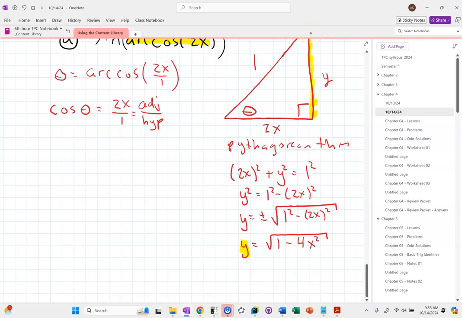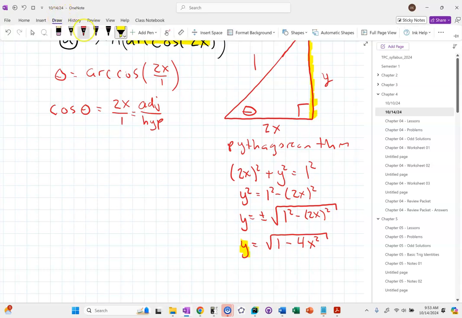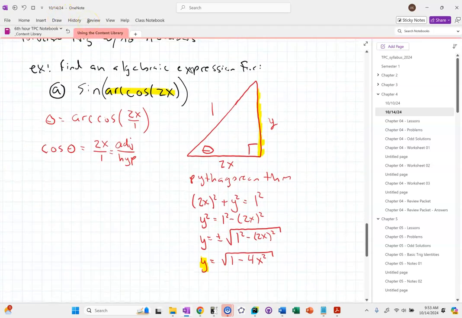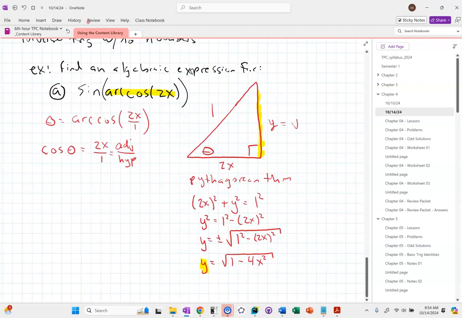It's a side length of a right triangle, correct? Can the side length of a right triangle be a negative number? No. That's why we're able to drop the plus or minus and just go with the plus. That feel okay so far?